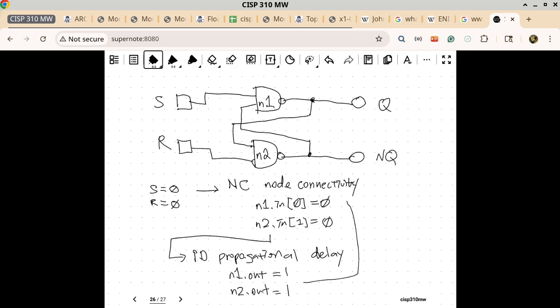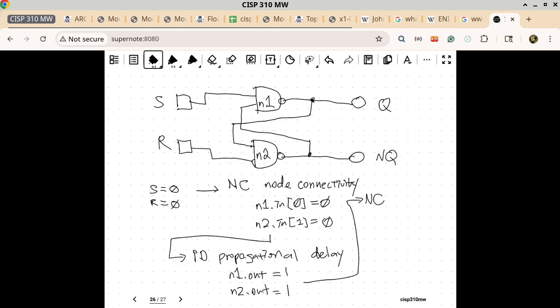So now we have another NC, because of node connectivity: this output is electrically connected to this input, and this output is also electrically connected to this input. So that's an NC, a change due to node connectivity.